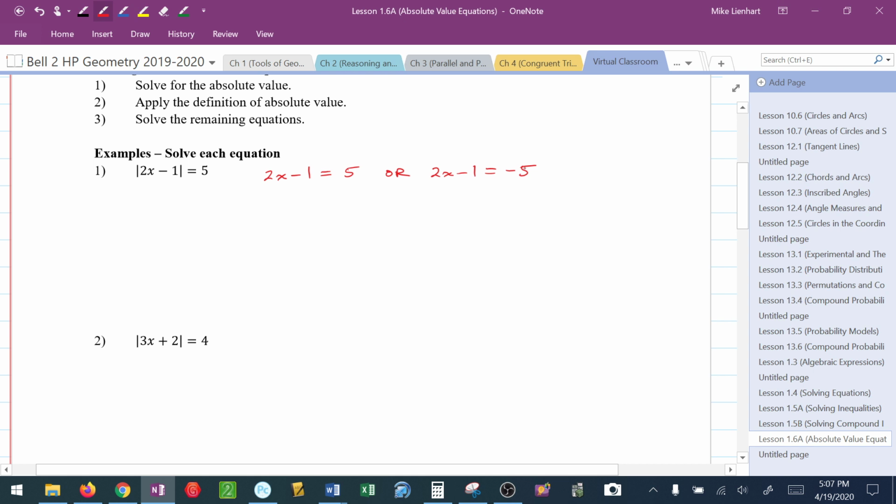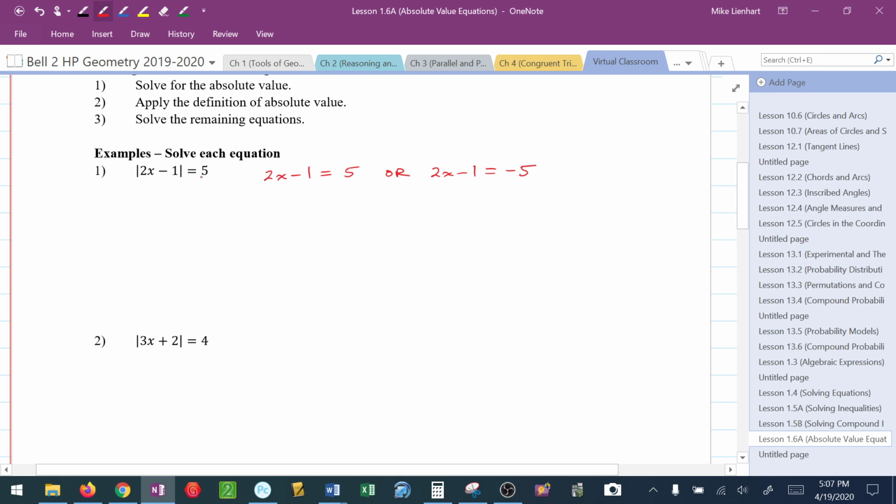Now please notice, a mistake that is very common is people change that minus 1 to a plus 1 because they say, well, absolute value always means positive. That's not what absolute value means. It is a positive distance, yes. But what we are trying to find is every value that we could take the absolute value of and get 5 as an answer.